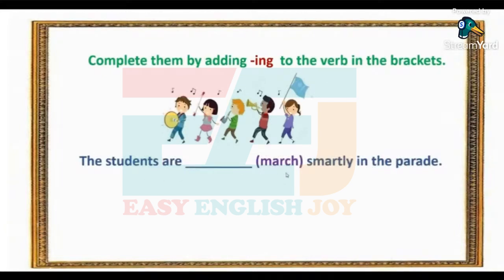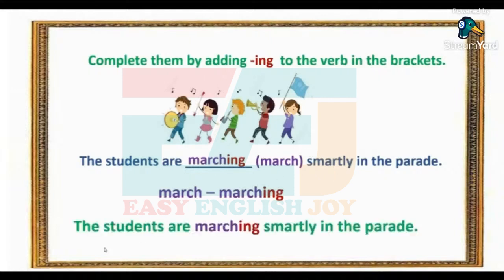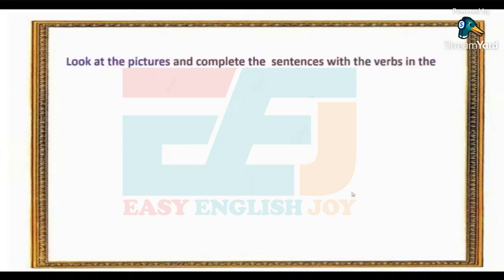The verb inside the bracket is march. So march, we have to add ing, becomes marching. The students are marching smartly in the parade.